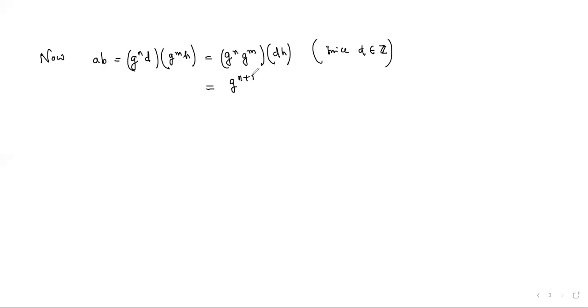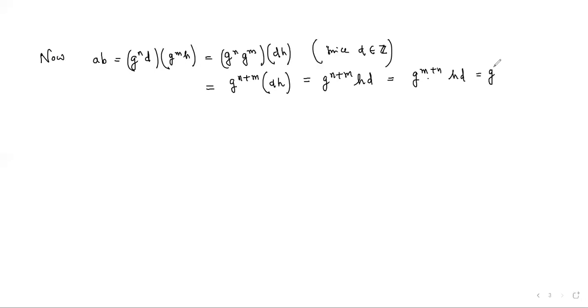This can be written as g^(n+m) dh. This again can be written as g^(n+m) hd. This can be written as g^(m+n) hd.